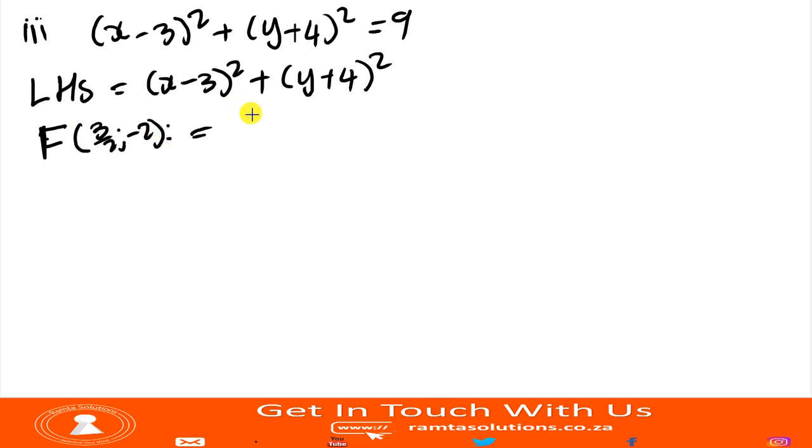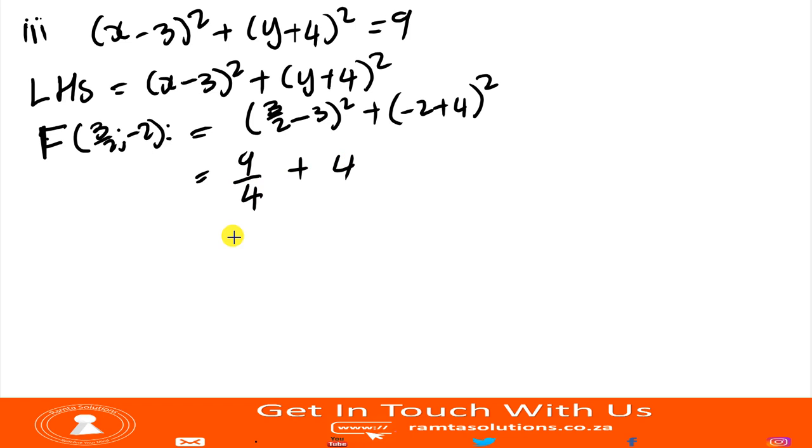We get (3 over 2 minus 3) squared plus (minus 2 plus 4) squared. You guys have calculators. So 3 minus 6 over 2 is negative 3 over 2, so this is 9 over 4, plus 4.